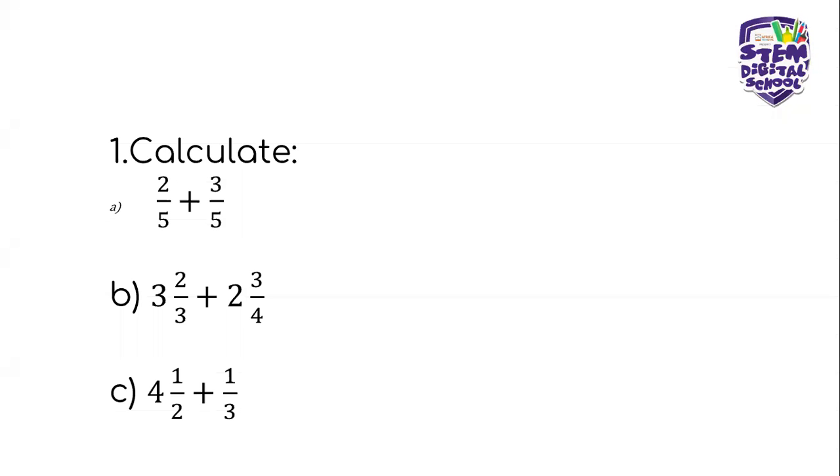Okay, so can you hear me? Yes, I can hear you. Okay, so I did this, it was 4 and 1 over 2 plus 1 over 3. So I changed the 4 and 1 over 2 to 9 over 2. Then I multiplied by 3, and plus 1 over 3 times 2.